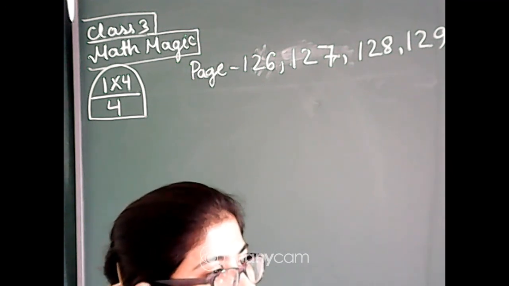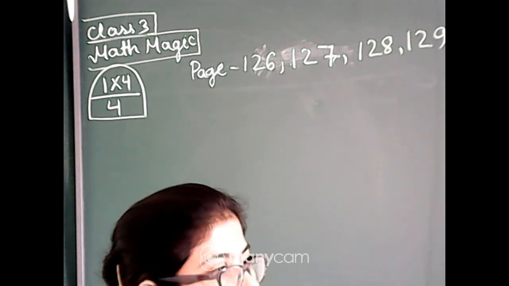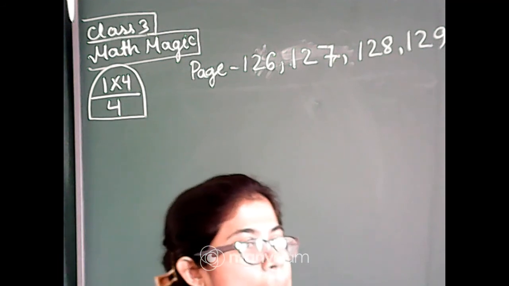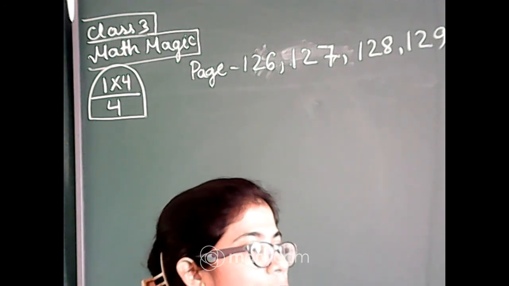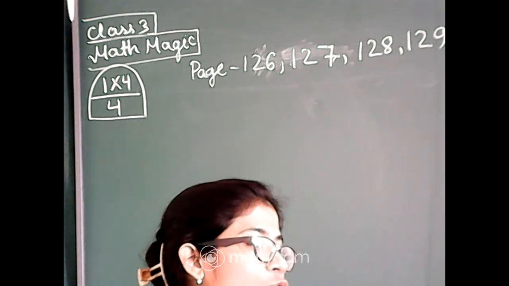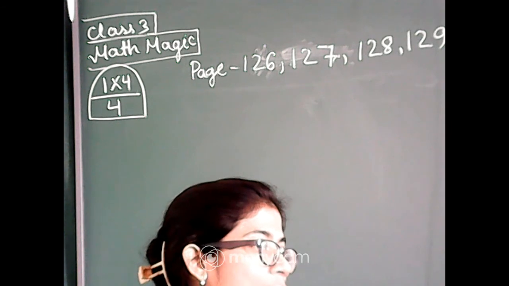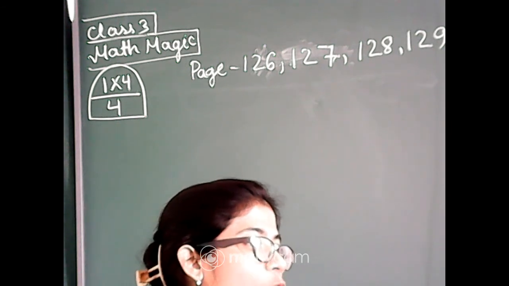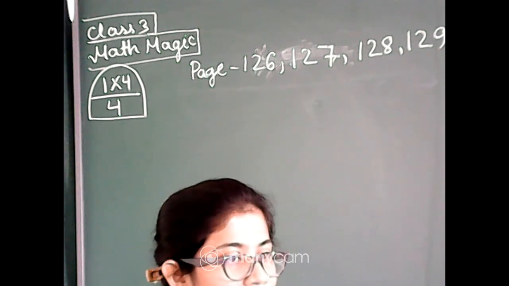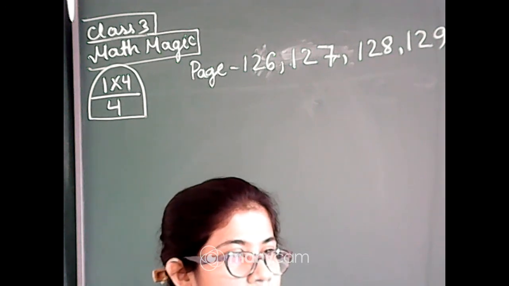Correct this one. 2 eights are 16, or 8 into 2 is also 16. Correct this one. And 2 times 2 is not it, it is 4 times 2, 5 times 2, 6 times 2. Then after that 7 times 2, it's not 2 times 2. 7 times 2 is 14, or 7 into 2 is 14. Correct this one, Ayush Mondol. Page number 127 is all right.